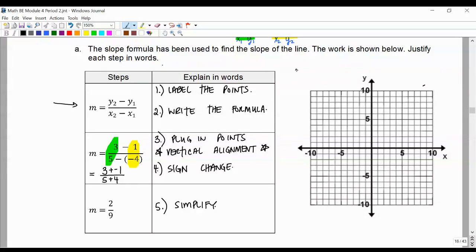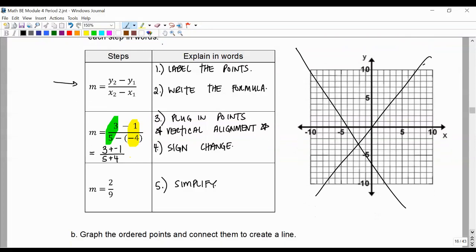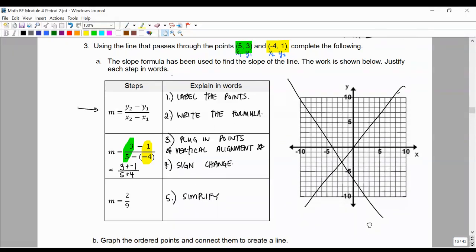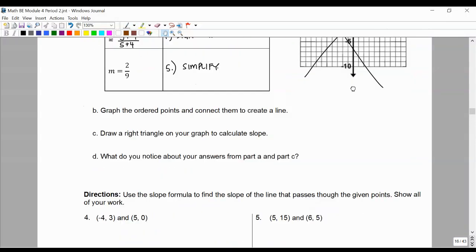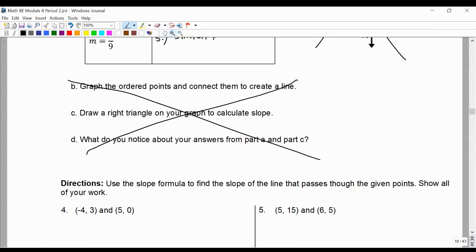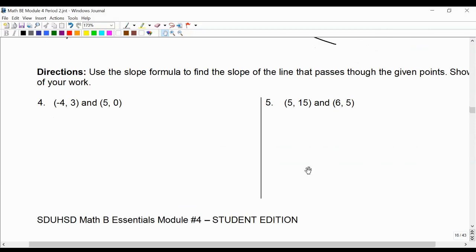Okay. We're going to ignore this graph unless you really want to do it. I would pause the video at this point and make sure you filled in all 5 steps. And then we're going to ignore these questions just for the sake of time. We're going to look at these two problems where we're going to implement this strategy.